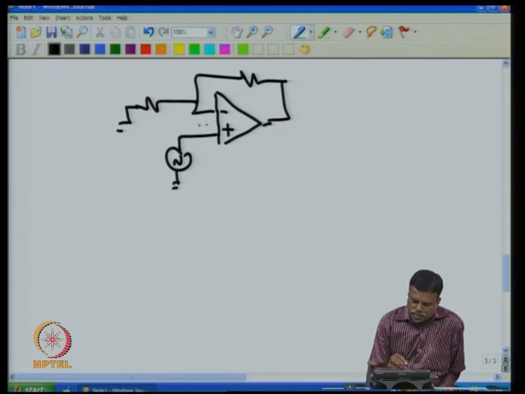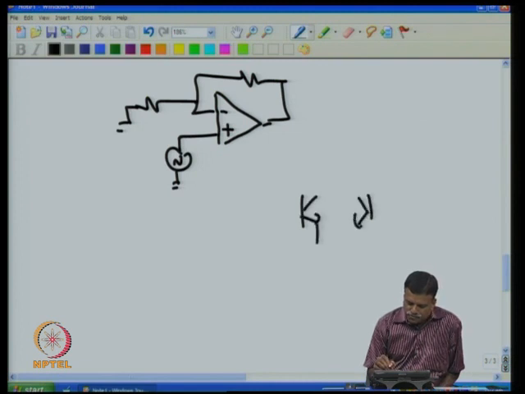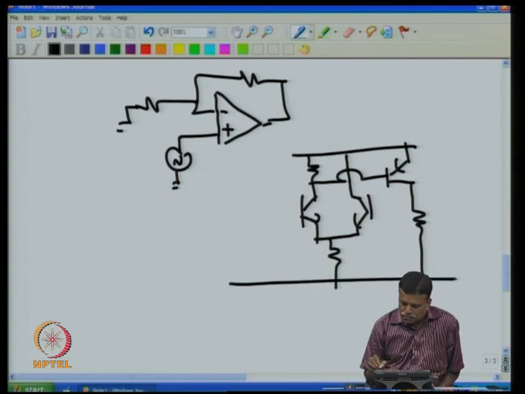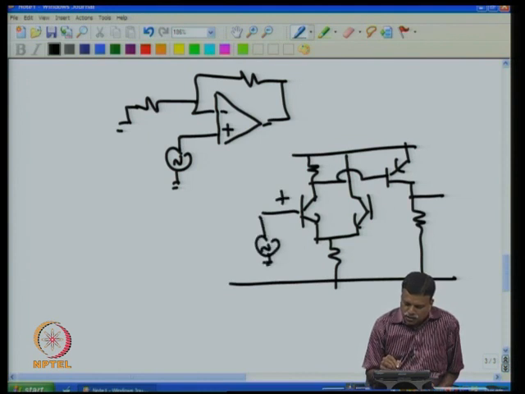And if you see the circuit which I discussed so far in terms of this, this plus input is this, and we are giving the input here to the ground, and then the minus input is this.